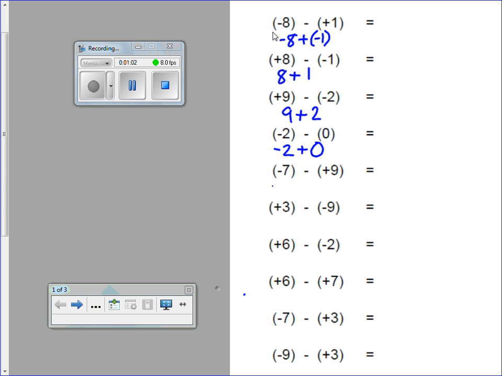And finally, -7 plus the opposite of +9 is -9.